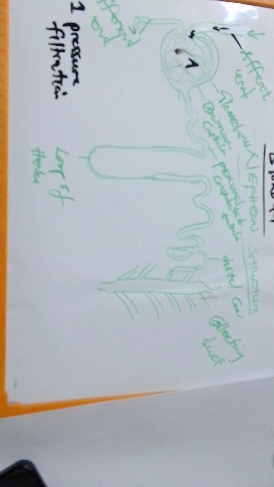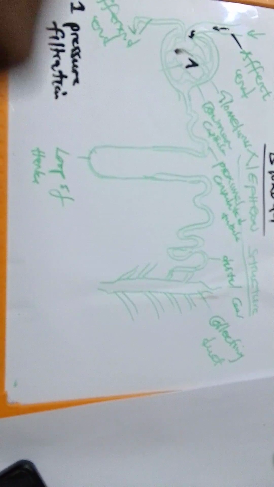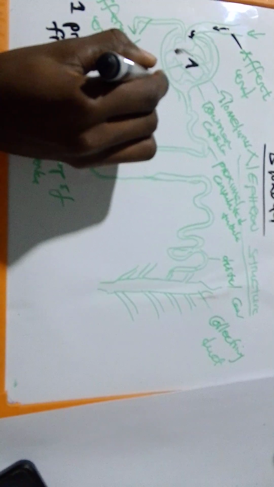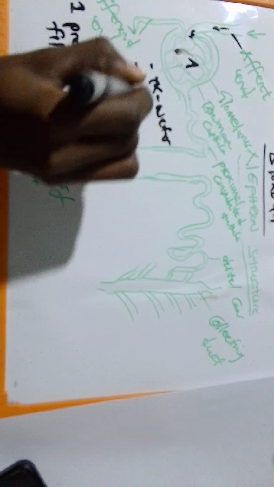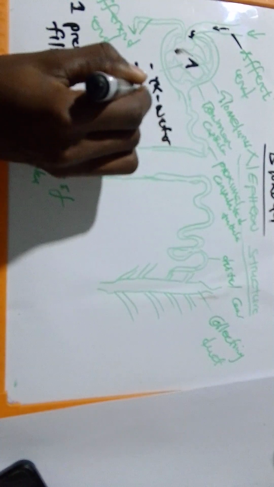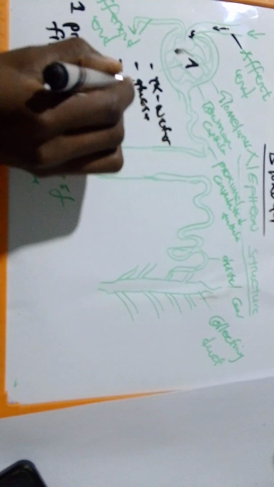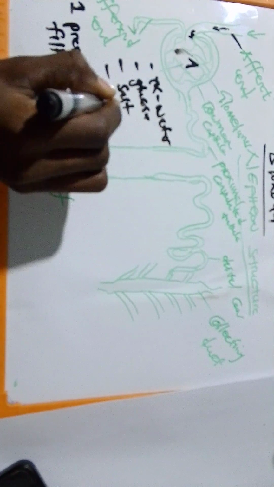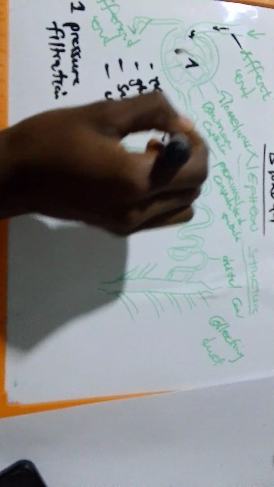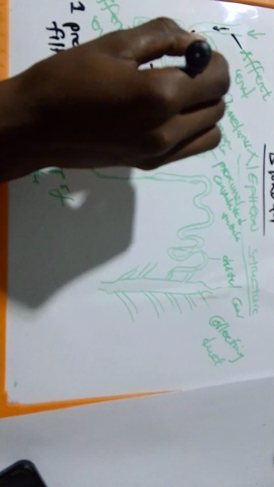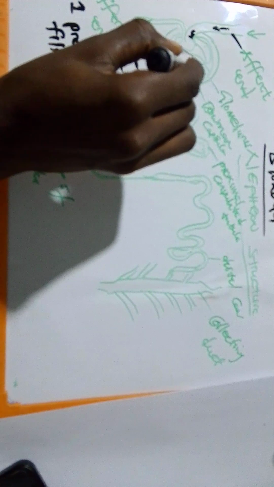So some of the substances which are able to be excreted from this blood, we have excess water, glucose, we have salt, we also have urea. And also of course some other minerals, these substances are able to pass through the permeable membrane which is found here.